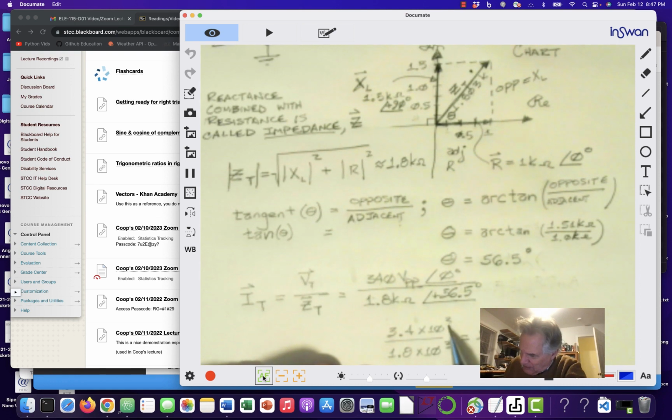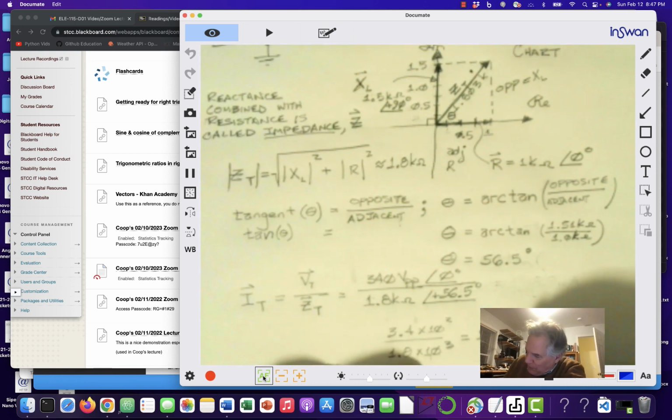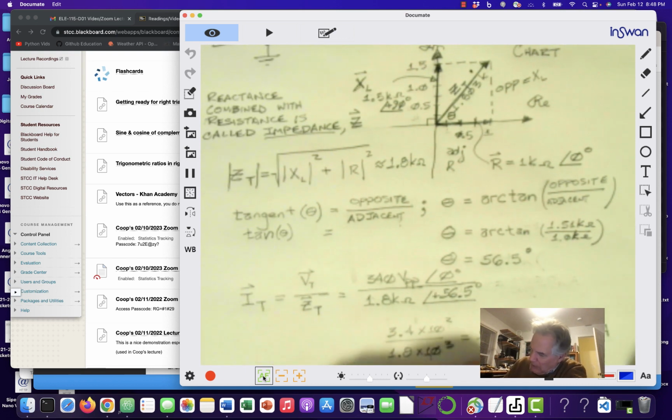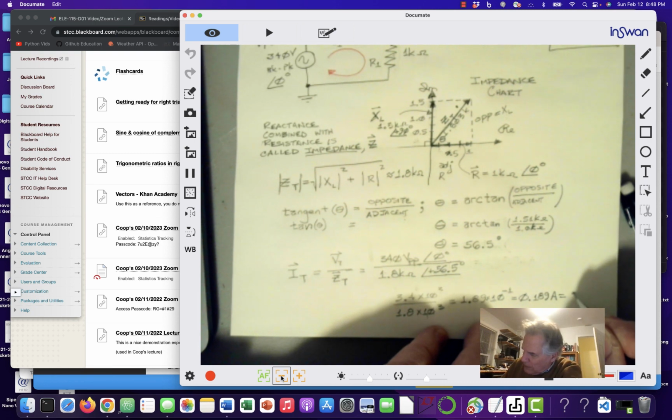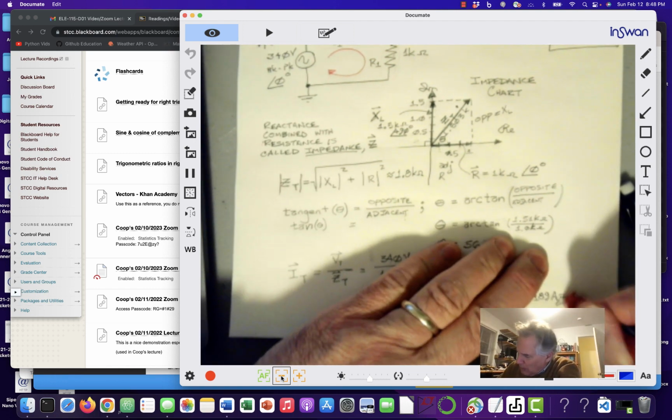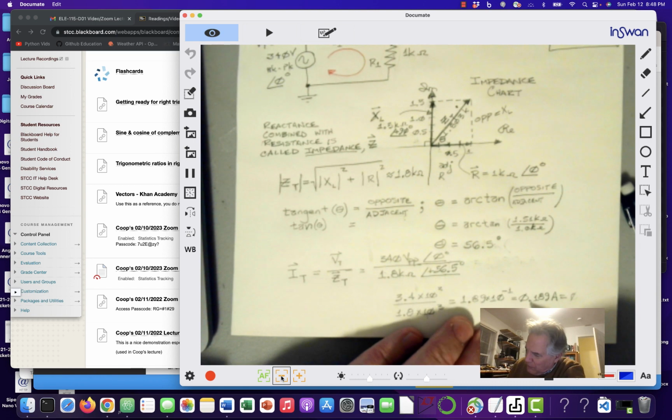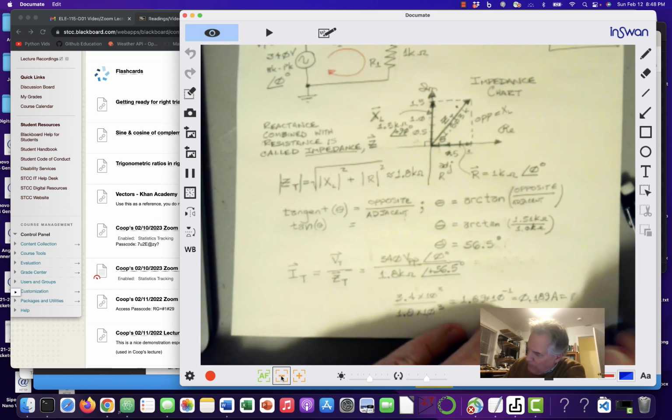1.89 times 10. Now, we subtract the powers of a like base when we divide, so that becomes times 10 to the minus 1, which would be equal to 0.189 amperes, and that's equal to milliamperes at a power of minus 3.